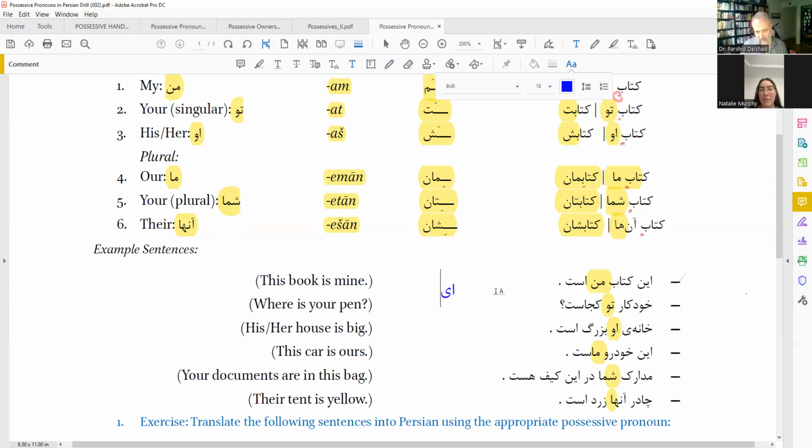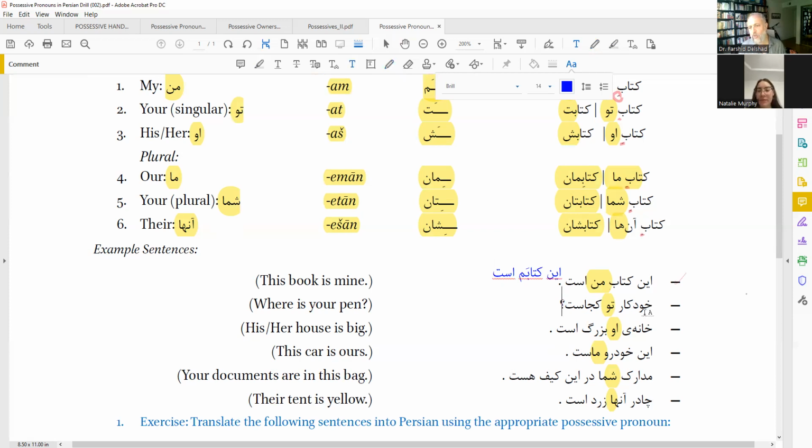And I would say that in ketabam ast. Exactly. That is what I would like you to do through all the phrases that we have here. So in ketabe man ast becomes in ketabam ast. What about the next phrase?